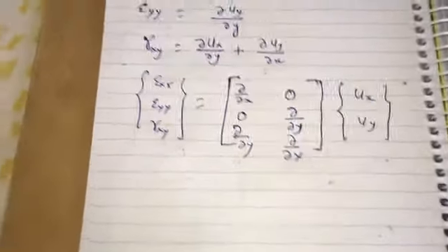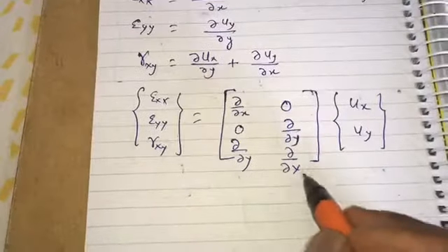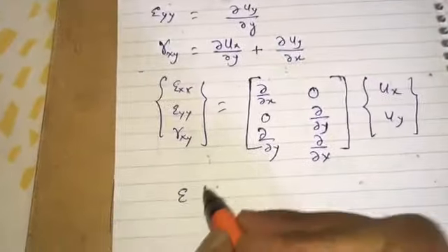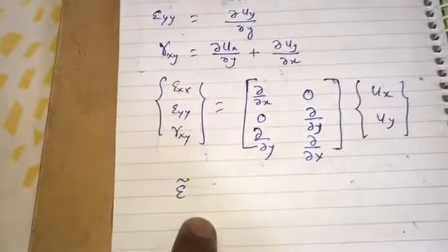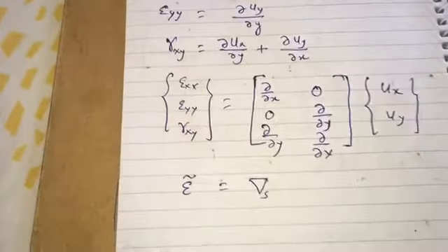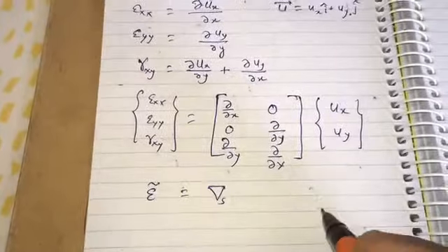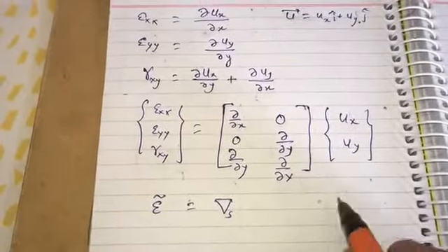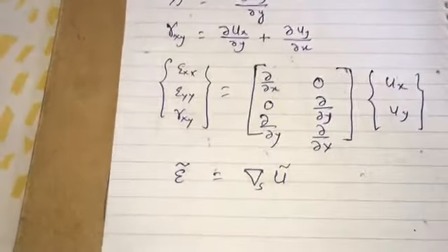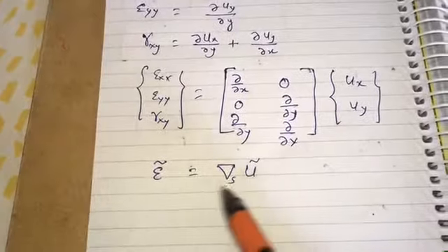You may recognize this is nothing but the delta s that we wrote earlier. So this is epsilon as a vector is equal to delta s times u as a vector. So this is the strain displacement relationship.